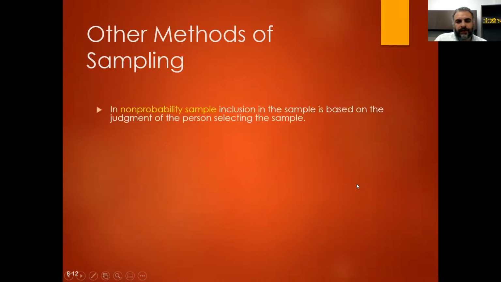So there are other methods, non-probability sampling. One of them is the judgmental technique. So you are experienced in your field, and you want to investigate something. So you might end up investigating only one type of alloy instead of searching the whole possible combination of your alloy.